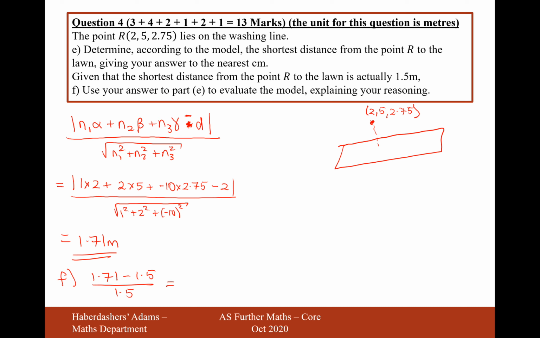Fraction button, 1.71 minus 1.5 divided by the actual value, which is 1.5, then this is 14% off, which is quite inaccurate. I'd give it plus or minus 5% either way, but 14% off, that's quite a way off. So it's not a good model for the washing line.